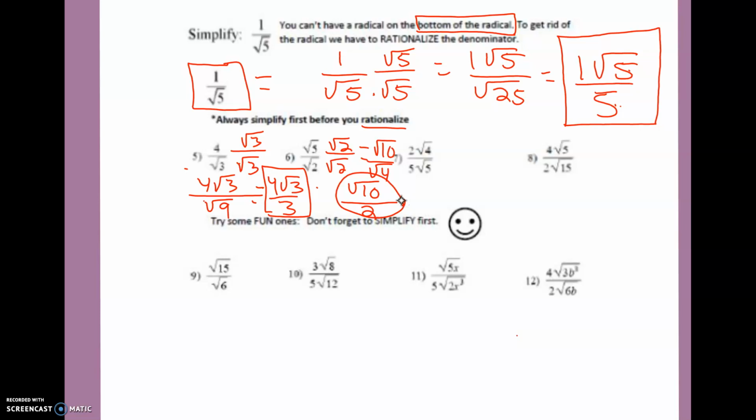Let's look at 2 more, and then you'll be done. I'm going to look at my outside and inside. Now, I notice something I can do on the top. What's the square root of 4? Square root of 4 is 2, right? So a 2 would come outside of there. And now my numerator is going to be a 4. And then I have 5 root 5. Now, I'm not done because I can't do anything with the bottom unless I multiply the top and the bottom by radical 5, right?